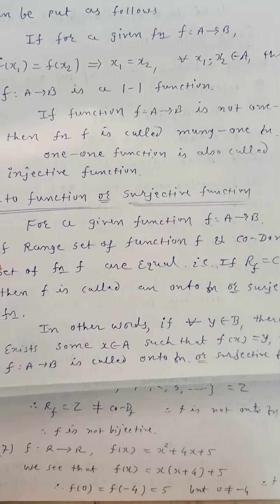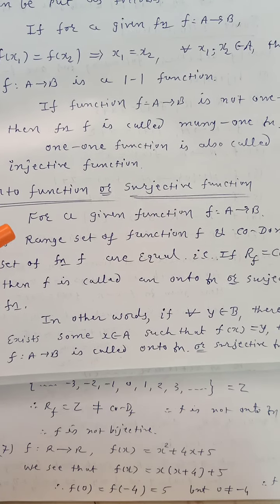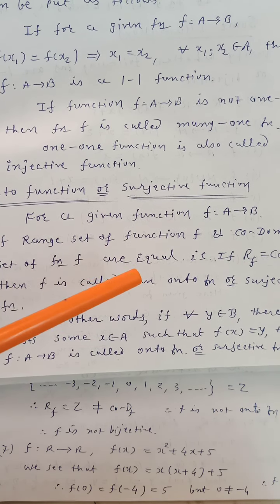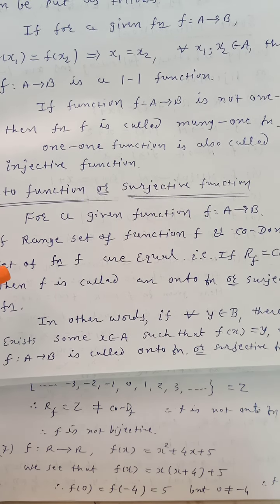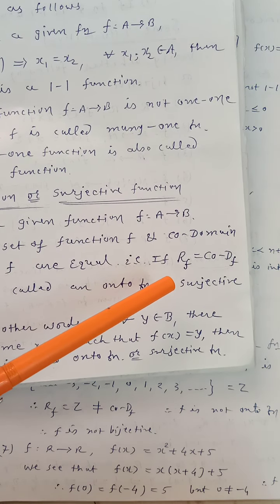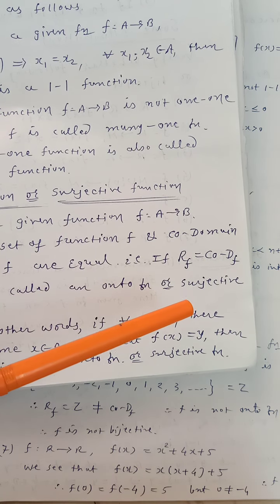Now what about onto function? The simple definition of onto function is what? When the range set of function f and the codomain set of function f are both equal, that is Rf equal to codomain f, then we call it onto function or surjective function.